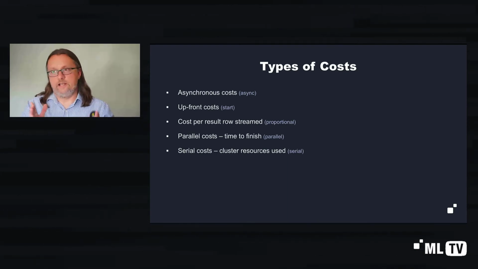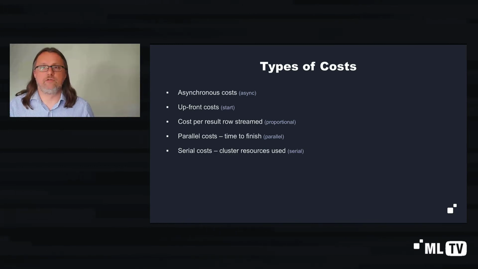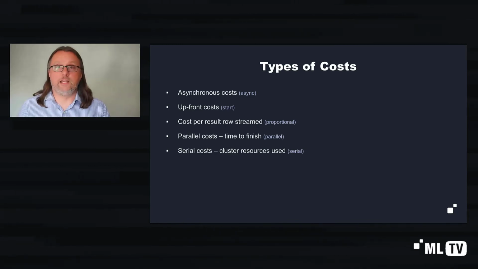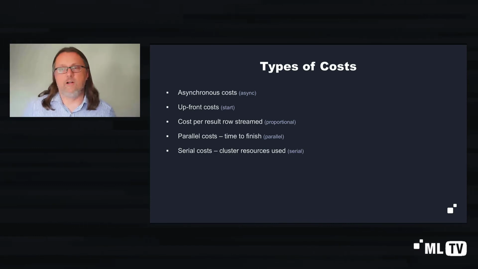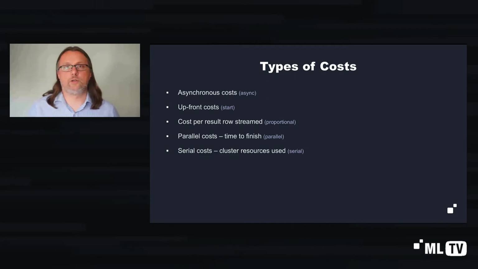And then in an orthogonal direction, we also have both parallel costs and serial costs. Parallel costs is a measure of the time to finish. Okay, you start, and when you get your finished results, that's the parallel costs. And serial costs, that's a measure of the total cluster resources that are being used by this query.